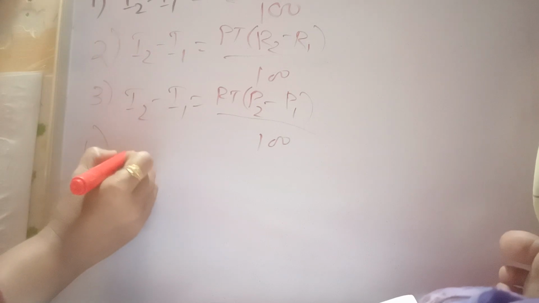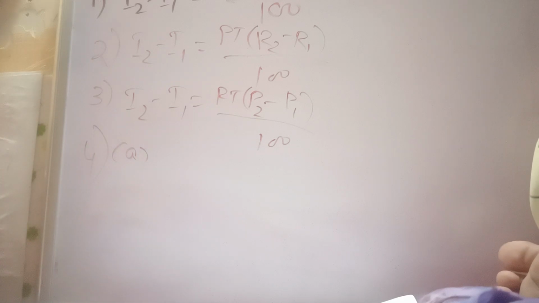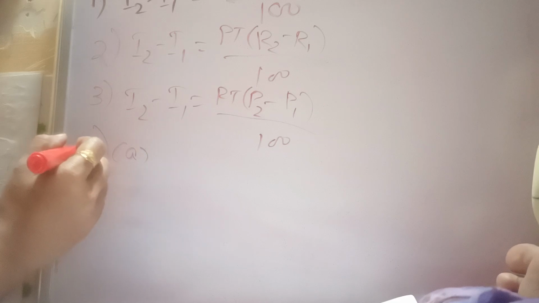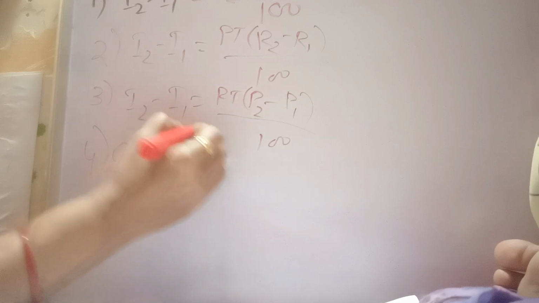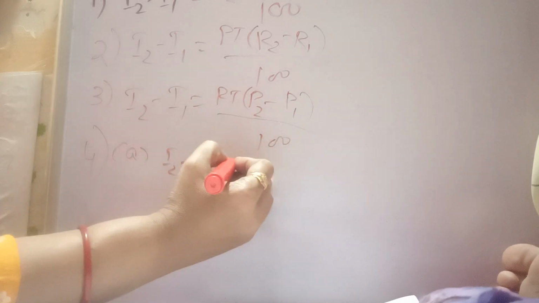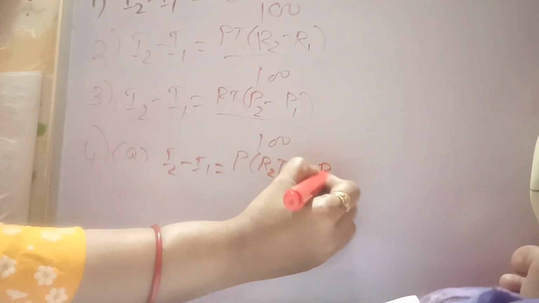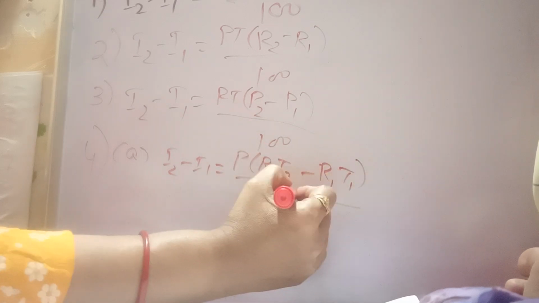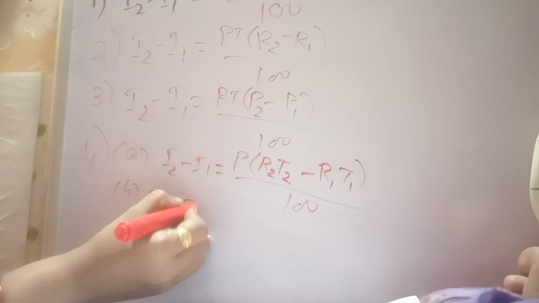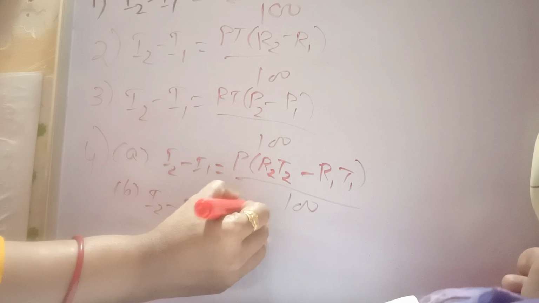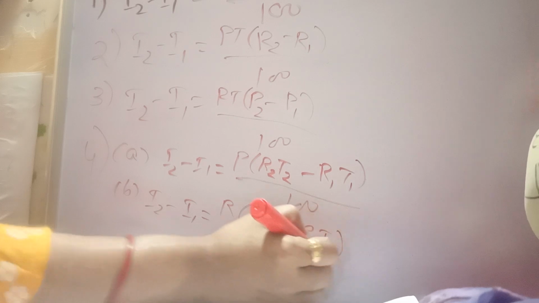When only one parameter remains constant and the remaining are variable, then I2 minus I1 equals P whole into (R2 T2 minus R1 T1) divided by 100. Next rule is, I2 minus I1 equals R whole into (P2 T2 minus P1 T1) divided by 100.